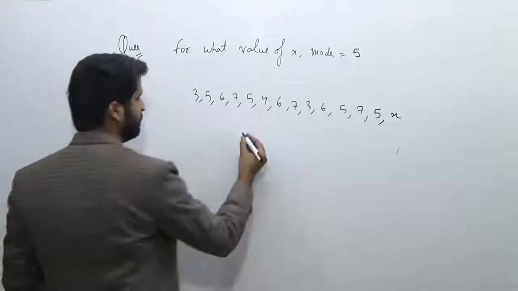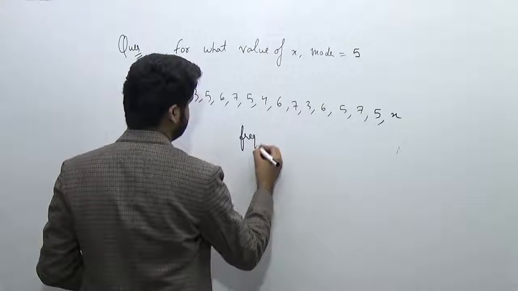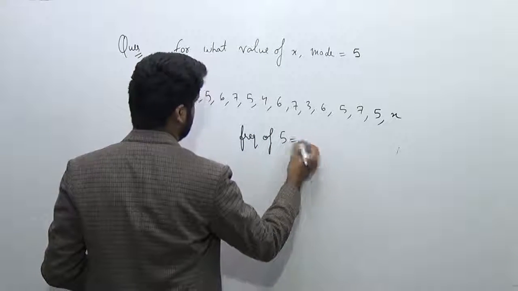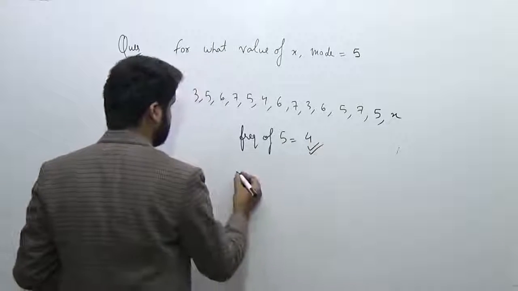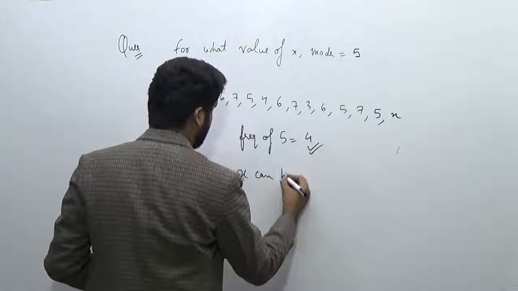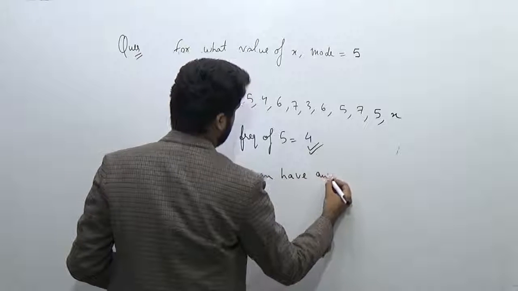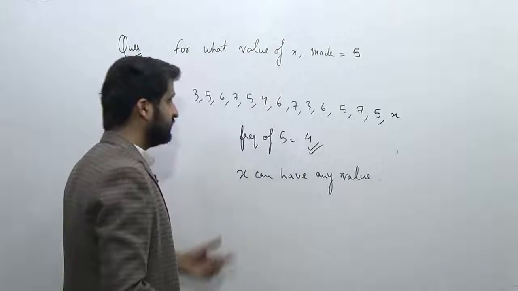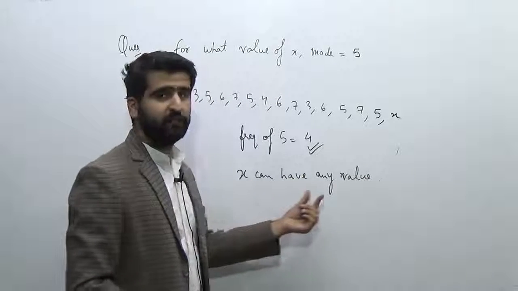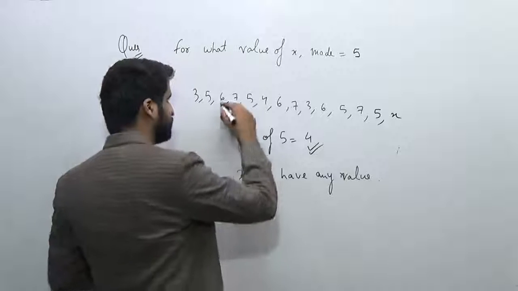Now guys, see here, the frequency of 5 is already 4, so this is already maximum. So x can have any value. It will not affect, since it can have the value 6 also.